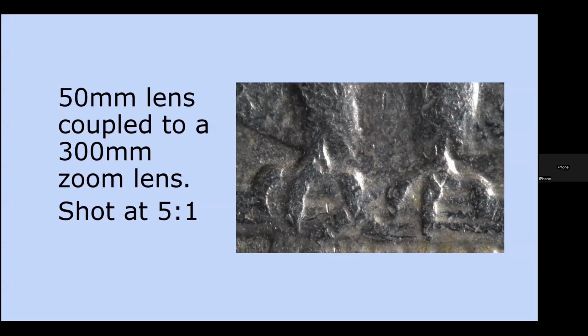Then you can get into the stacking thing, because the depth of field is very shallow. But if you had like the Canon MP65 that would go from 1 to 5 times, you've got this for $15. They don't make that lens anymore, but Laowa makes some that are the same, 1 to 5.